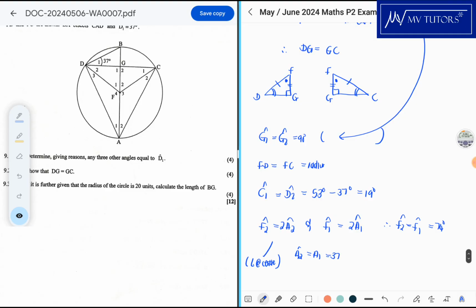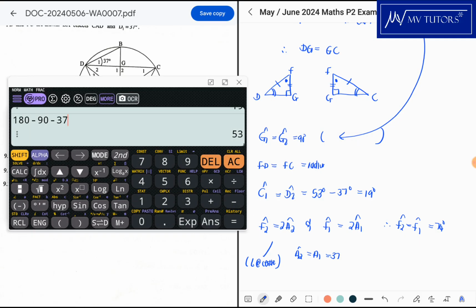I said C1 is equal to D2, which is 53. Why did I say that? Because I said D3 is 37. So 180, no, 90 minus 37 is 53.